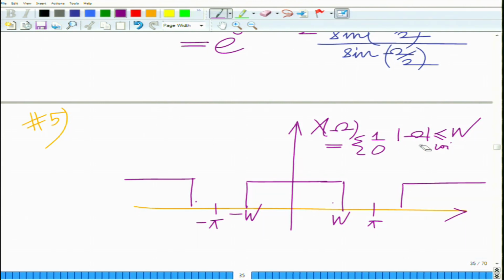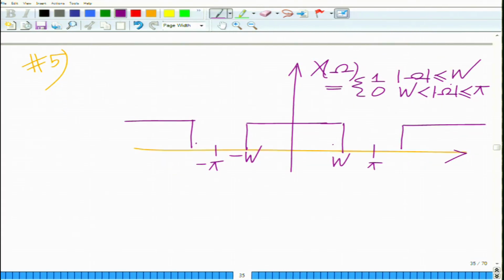This is in one period, or let us write it as 0 for W less than mod omega less than or equal to pi.